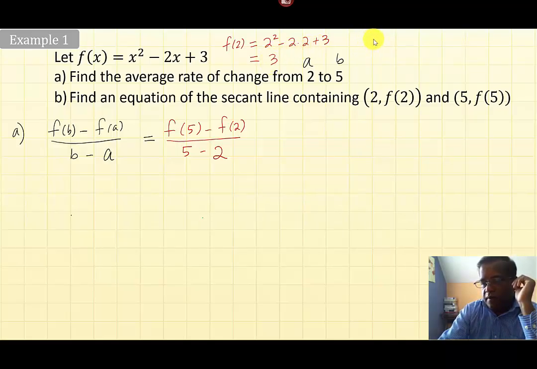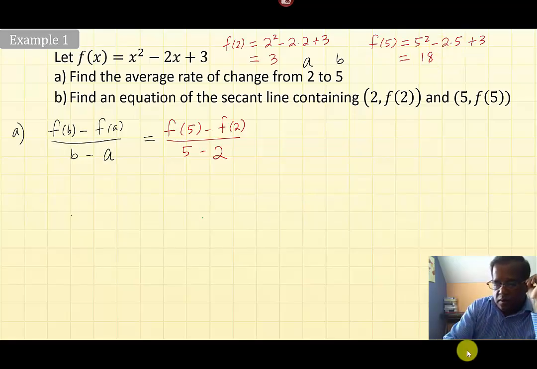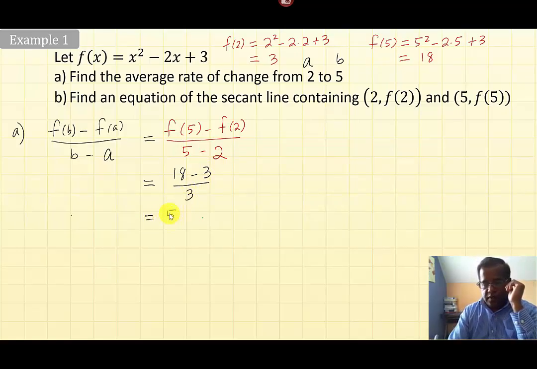And also we need f(5), which is 5 squared minus 2 times 5 plus 3, 25 minus 10 plus 3, which will give you 18. So we get 18 minus 3 over 5 minus 2, which is 15 over 3, which is 5.